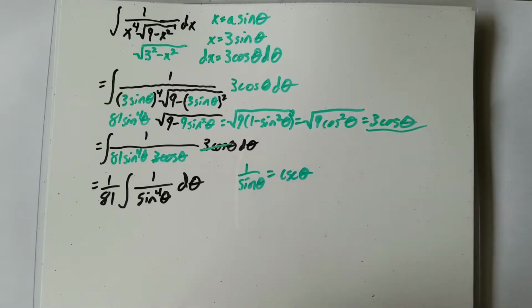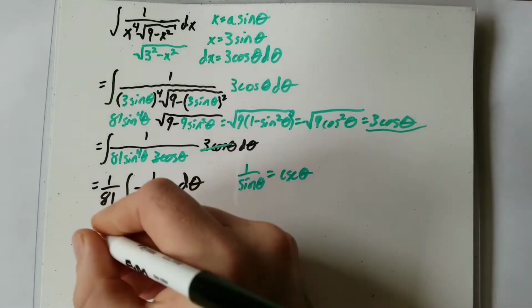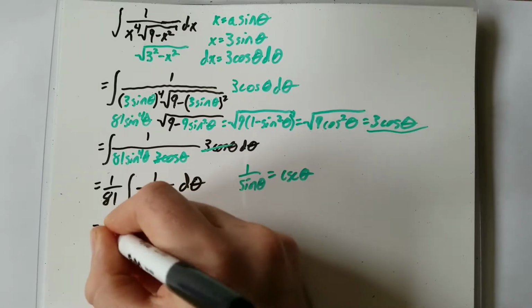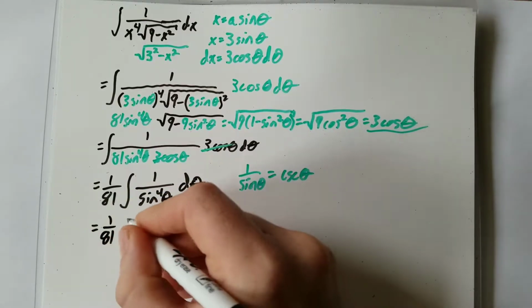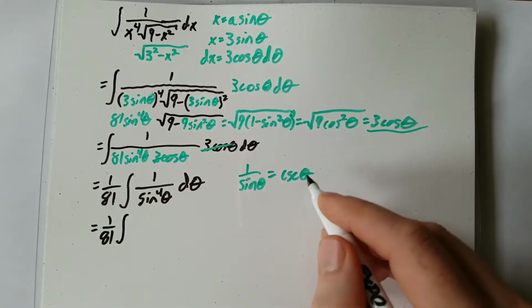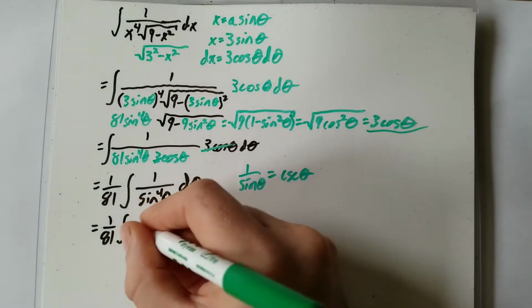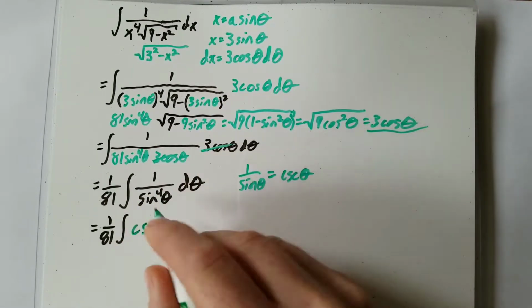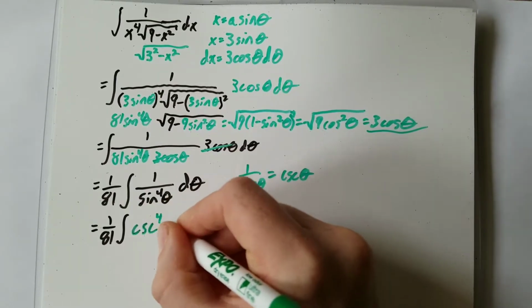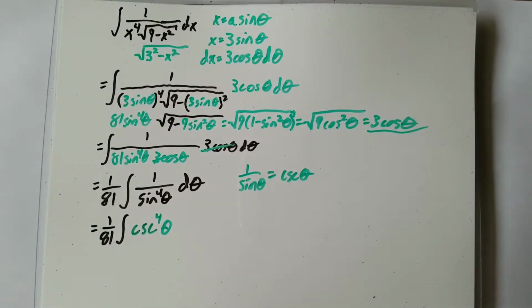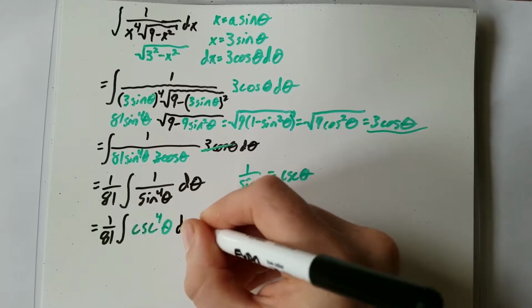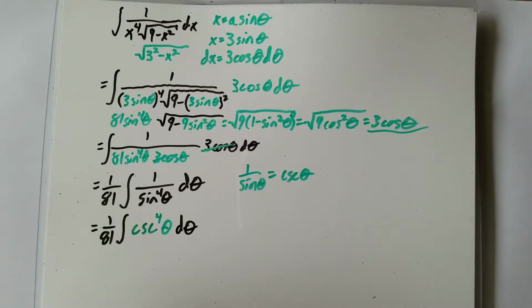So we can rewrite this integral as 1 over 81 times the integral of cosecant, well, we can't forget the 4th, cosecant to the 4th theta d theta. Now at this point, we can't take the integral of cosecant to the 4th theta. So what we're going to have to do is introduce a power reducing formula.